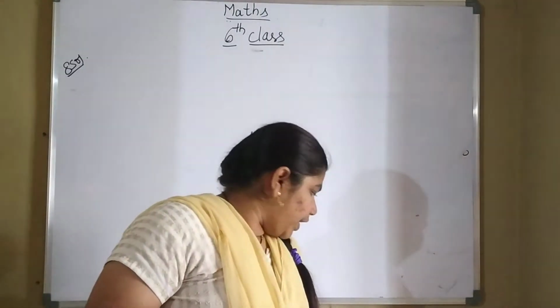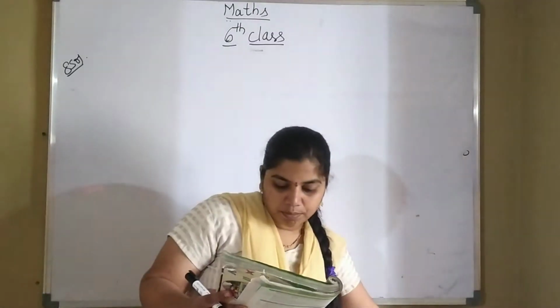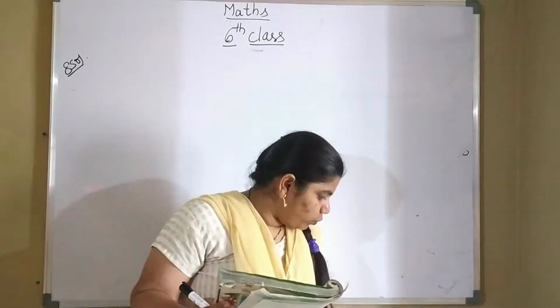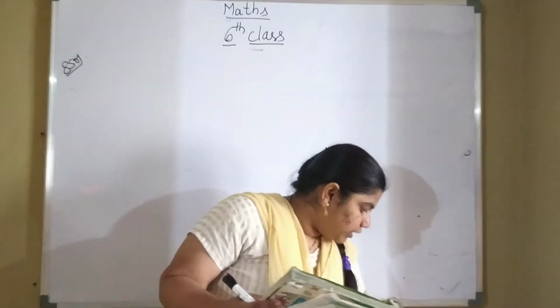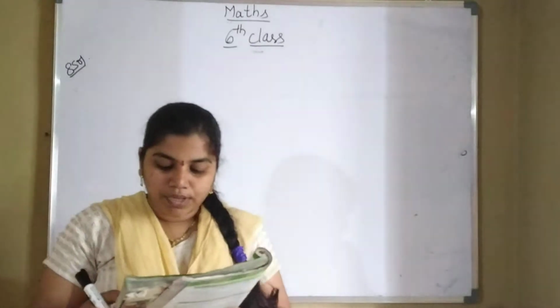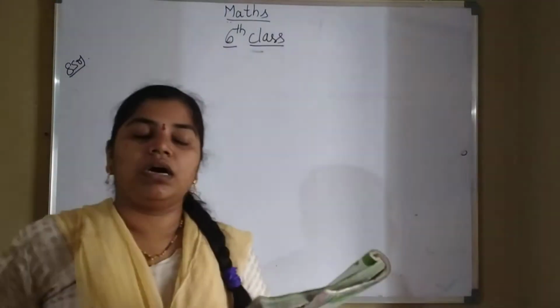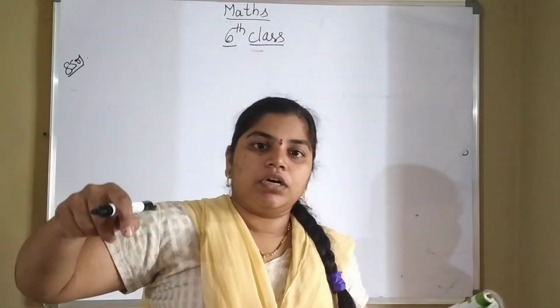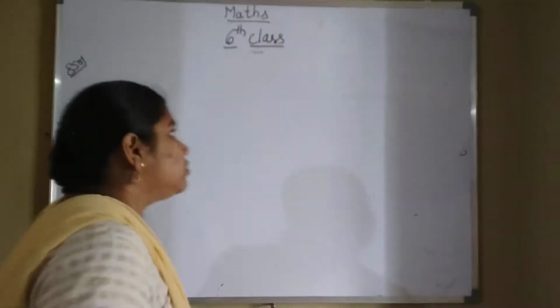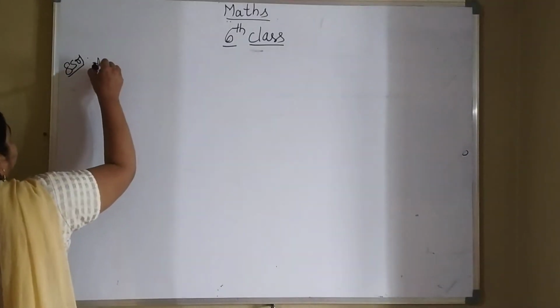So what we have to find now? Find the smallest number that must be added to 123, so that it should be divisible by 5. So first you write the divisibility rule of 5 here.